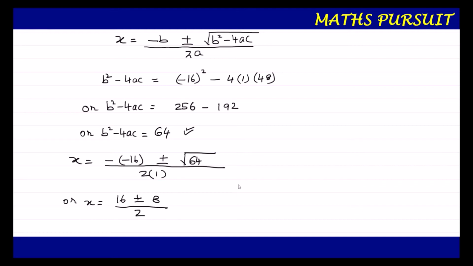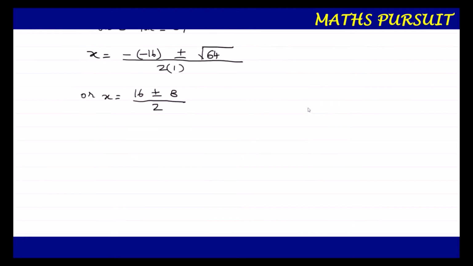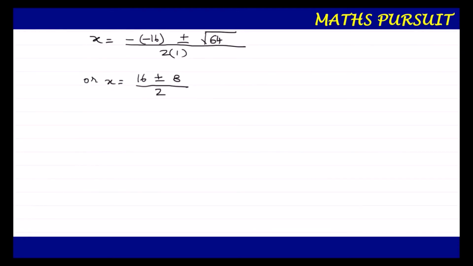Now guys, you could see that we got the value of x is equal to 16 plus or minus 8 upon 2. Now let us segregate this value into two parts. One part of the equation will be x is equal to 16 plus 8 upon 2, and the other one will be x is equal to 16 minus 8 upon 2.